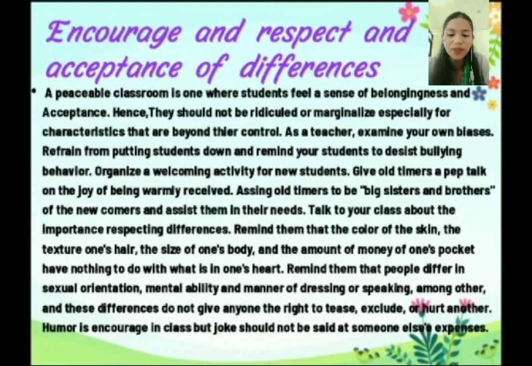Remind them that people differ in sexual orientation, mental ability, and manner of dressing or speaking, among others, and those differences do not give anyone the right to tease, exclude, or hurt one another. Students must also remember, or you should remember, keep in mind that we are born unique.